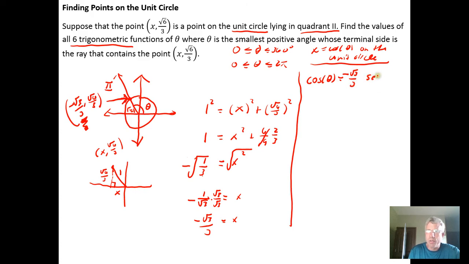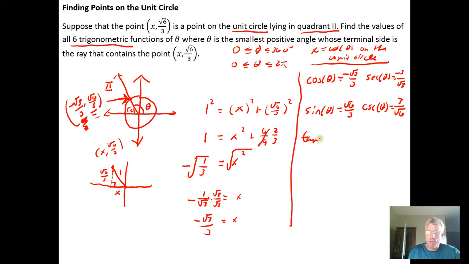Its reciprocal is the secant function, so it's going to be negative 3 over the square root of 3, which we could rationalize if we needed to. The sine of theta is just the y coordinate, which is the square root of 6 over 3. Its reciprocal function is the cosecant function, so the cosecant of theta is 3 over the square root of 6.